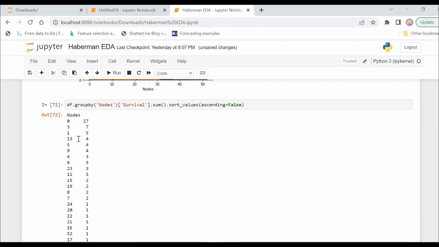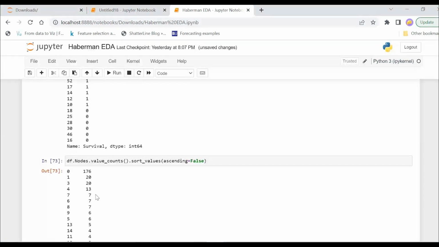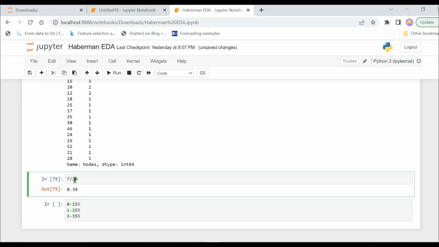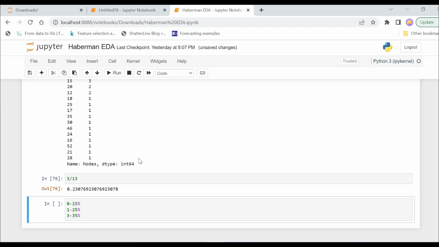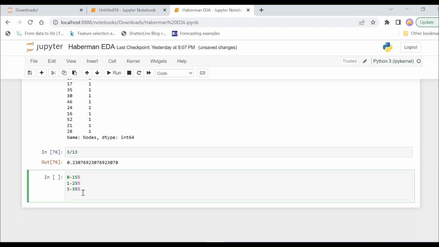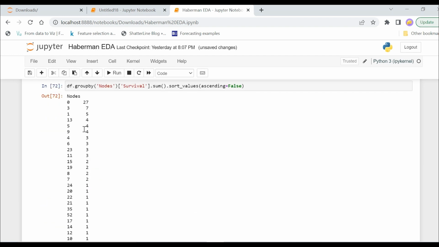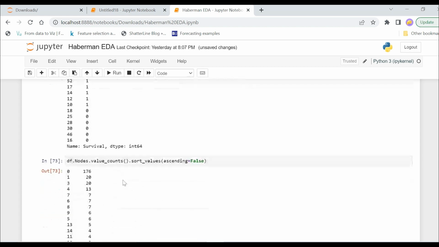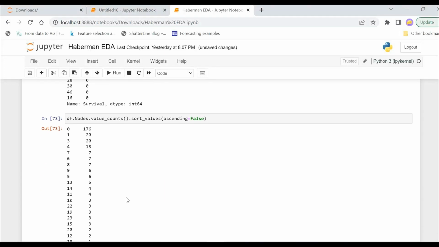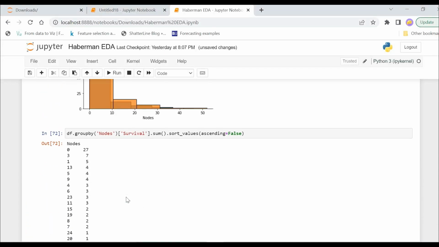Now what would you say, then you have 4 as 3, 4 as 13. 3 out of 13 is 23%. So 4 has around 23% of survival. I'm trying to just take a few values. 5 is 4. 4 was 3 and 5 was 4.